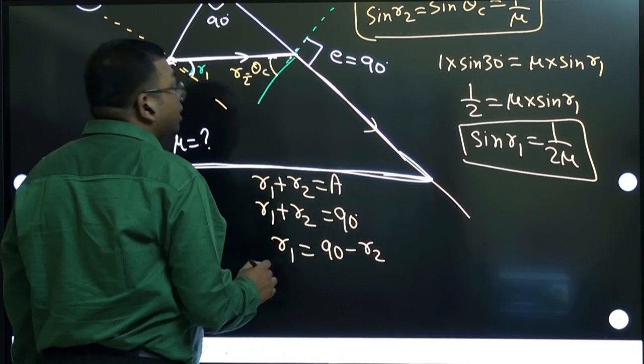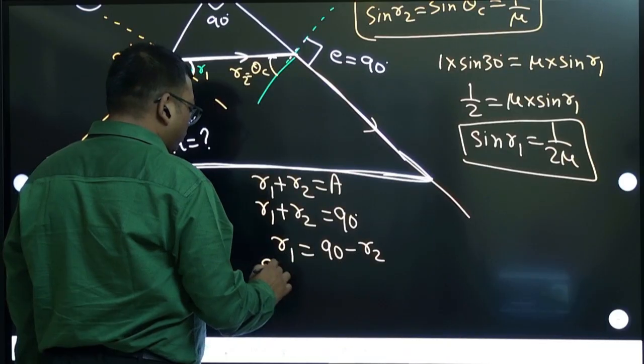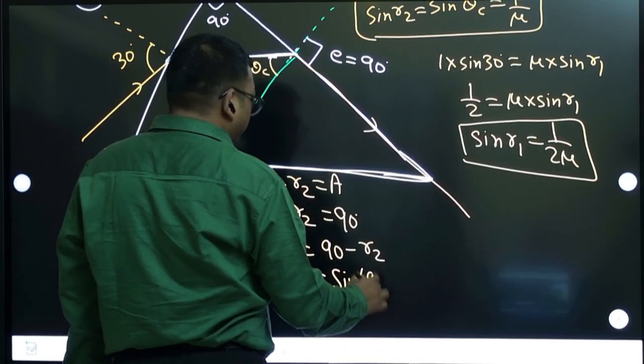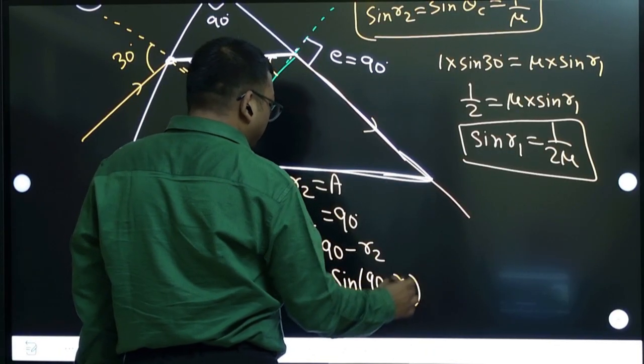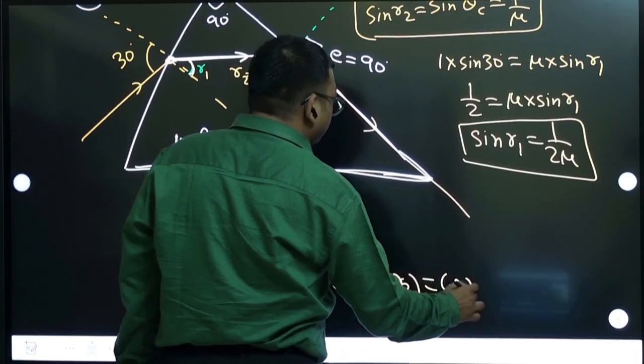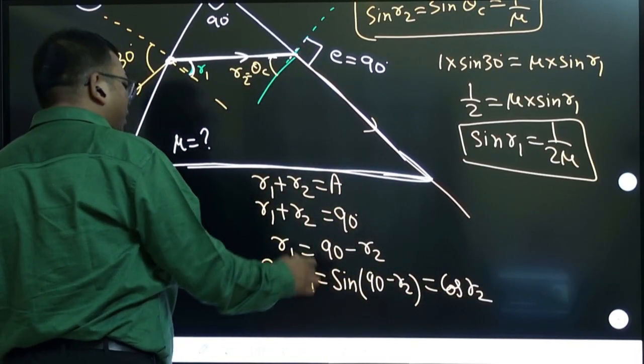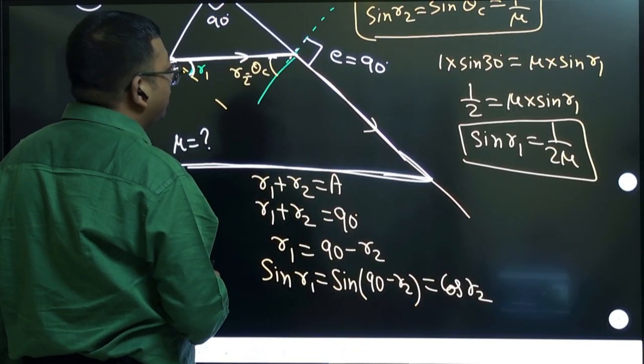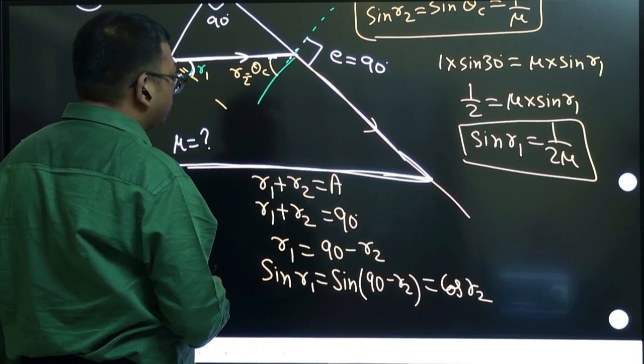So sine of R1 I will write as sine of 90 minus R2. Sine 90 minus theta will become cos R2. So sine R1 is becoming cos R2.